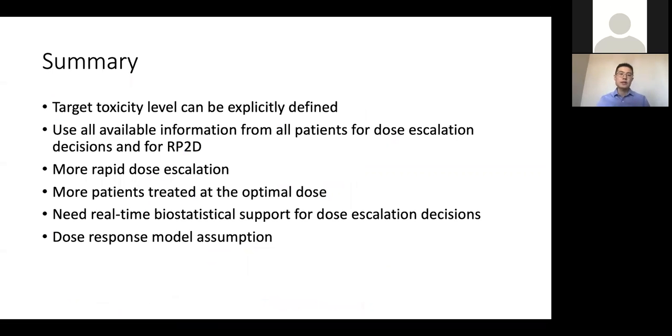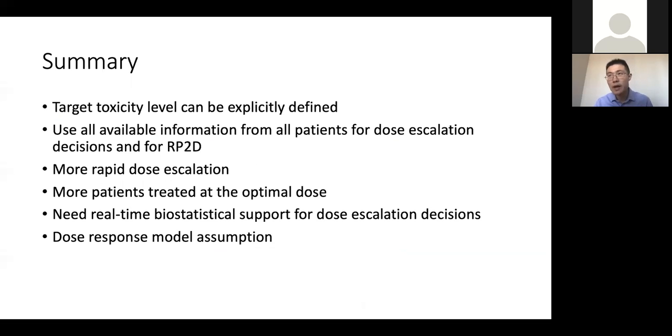So in summary, the BCRM method is a pretty good and valid trial design for phase 1 dose escalation trials. So first, the target toxicity level can be explicitly defined. It does not have to be 0.33 as in the 3+3 design. And it can use all available information from all patients for dose escalation decisions and for RP2D, so that our RP2D estimation is more accurate and more efficient.